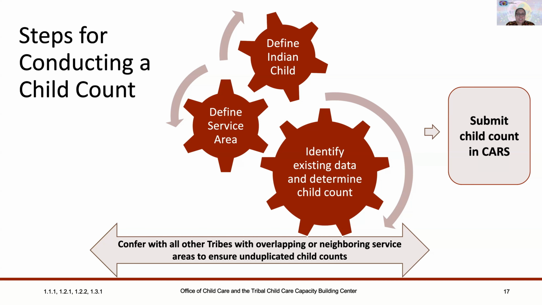If the tribal lead agency is a consortium, the chart must be completed with each member tribe's individual child count and attach a declaration or demonstration form or letter. The form or letter must have an official signature from an individual authorized to act for the tribe. Once complete, the information will be entered and certified within CARS. And so let's go into each of these steps more in detail. Next slide.